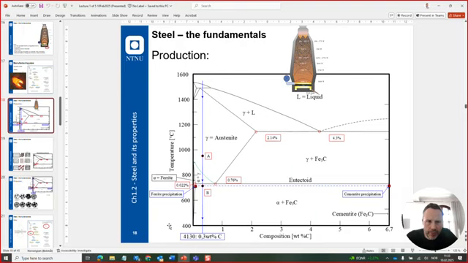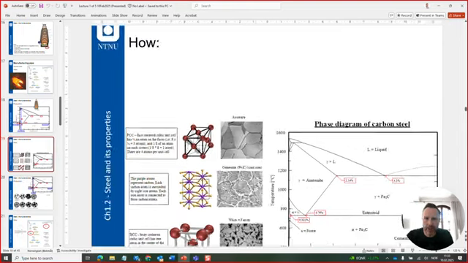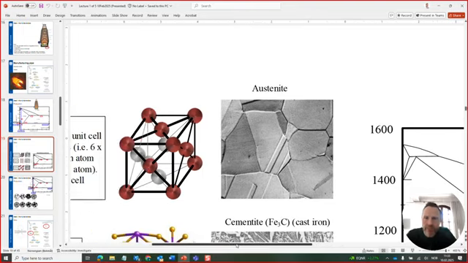We will now look into what the different compositions are. The pictures that you see here, I'm going to zoom in a little bit on first the austenite, or gamma as it's called very often. If we take a piece of steel that is austenitic, we will see that at the micro level it has grains.